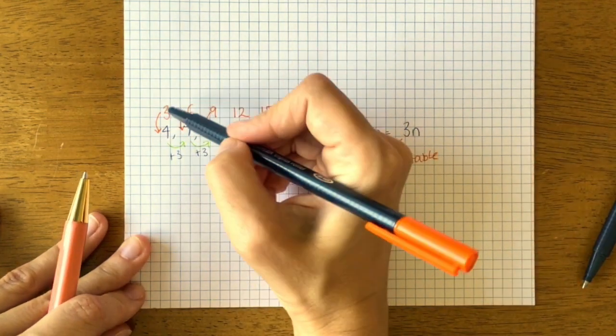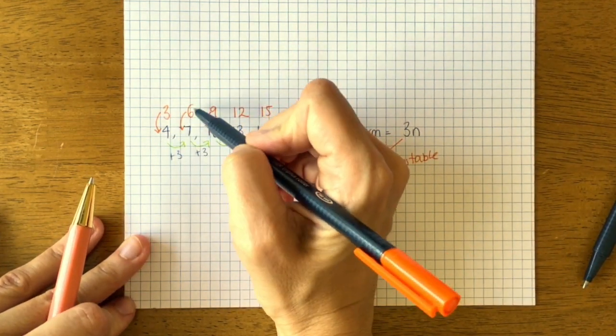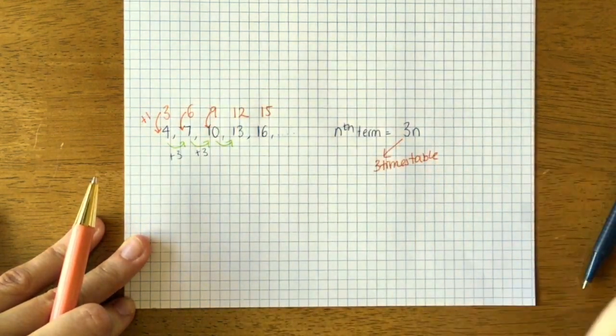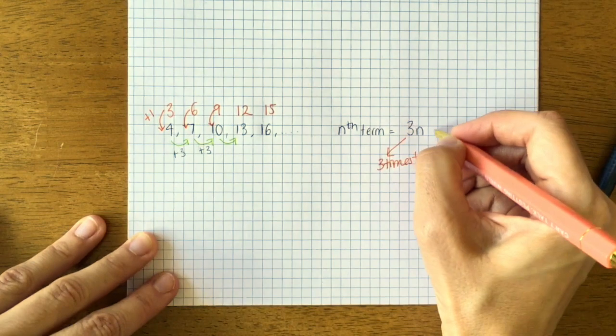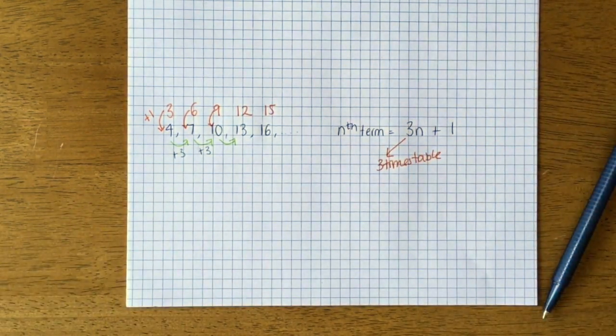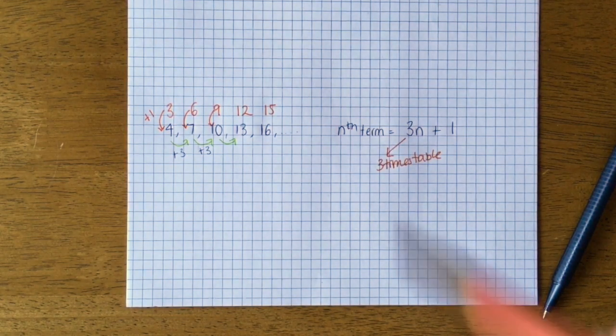So how has it got from 3 to 4, 6 to 7, 9 to 10? Well, we've added 1. So that's why the nth term would be 3n plus 1, because it's a 3 times table, but plus 1 every time. Okay, so that's what's key here.